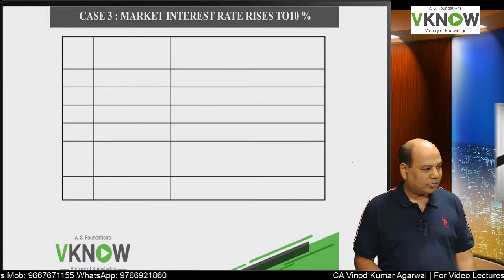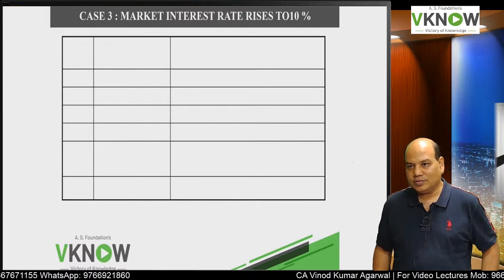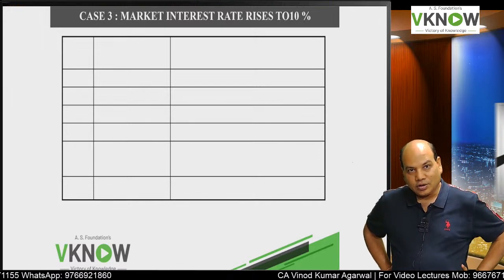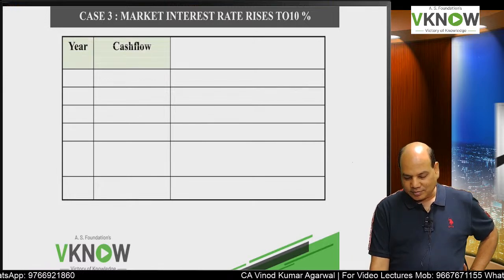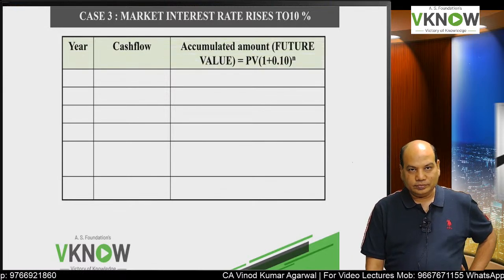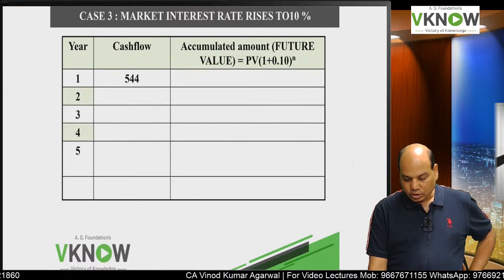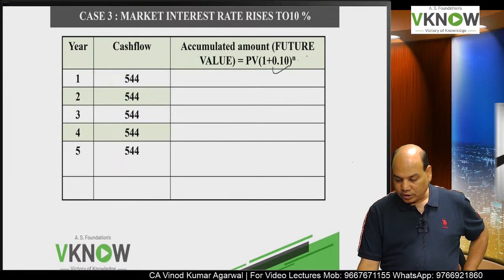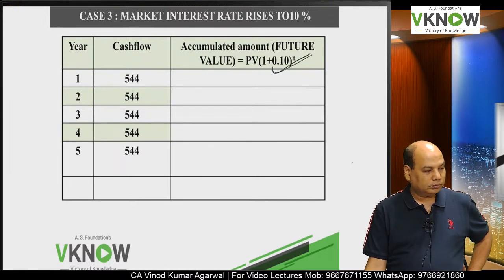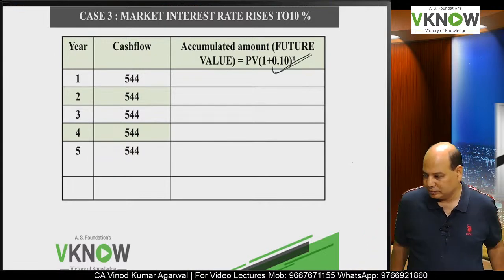So case 3, write down, market interest rate rises to 10%. Will you still get 10,000? Let us see. Format is same. And then you will write the same cash flow also. This time the interest rate here is 10%. Please solve yourself and tell me the total of the last column.